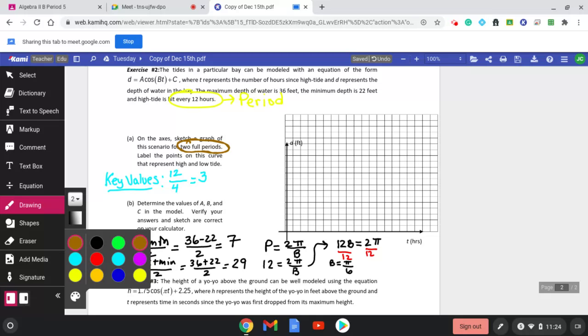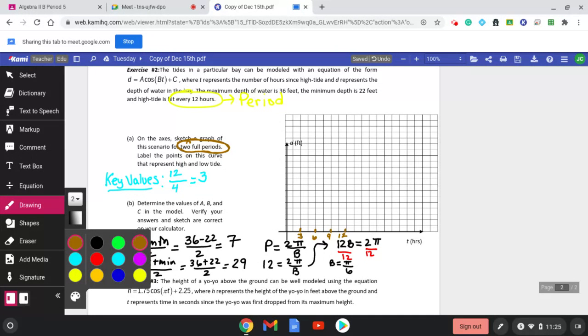So don't space it out as much as you usually do. I'm going to go every two markings on here. So 3, because that was my key value. 6, 9, 12. There's the period, right? There's 1 full period. Got to do 2, though.